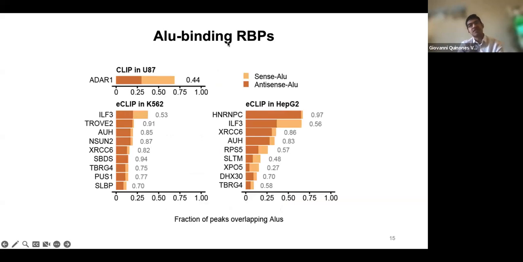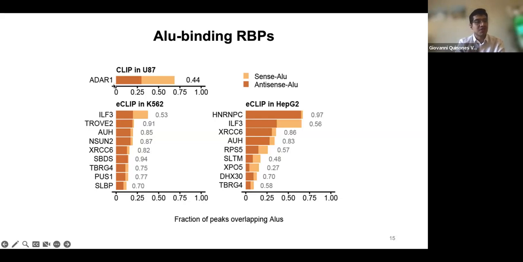Now, Alu elements are a type of repeat that is present in the human genome. And the thing about Alus is that they can form these double-stranded structures, and double-stranded structures are the structural motif of the ADAR proteins.